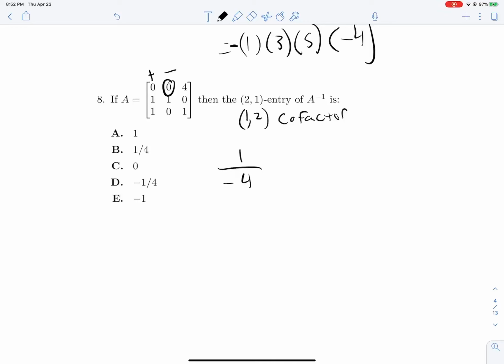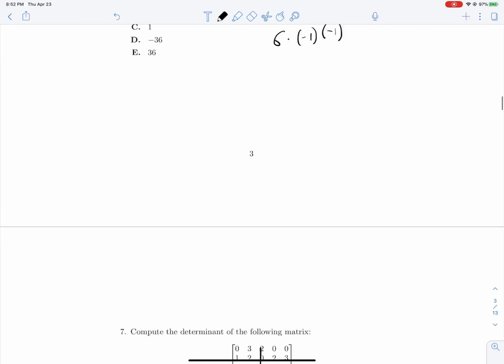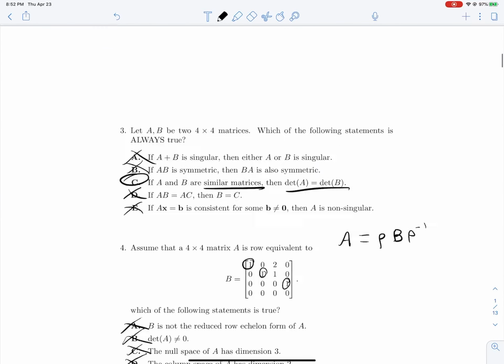So that's a minus sign times the matrix formed by crossing out the row and the column that 0 is in. So we get 1, 1, 0, 1. That's negative 1. Well, this whole thing is negative 1. And so we get positive 1/4, which is B for 8.